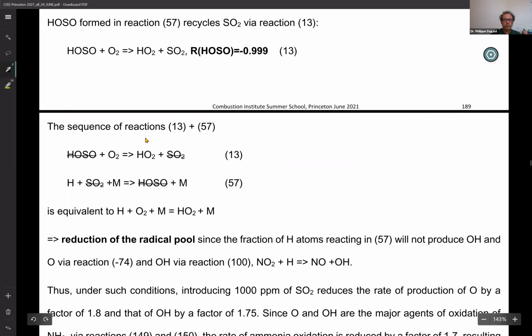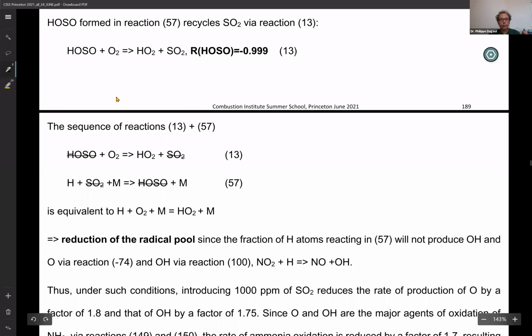So it results in a reduction of the radical pool, since this fraction of H atoms will not produce OH by reaction with O2, and O and OH via reaction 100, NO2 plus H giving NO plus OH.